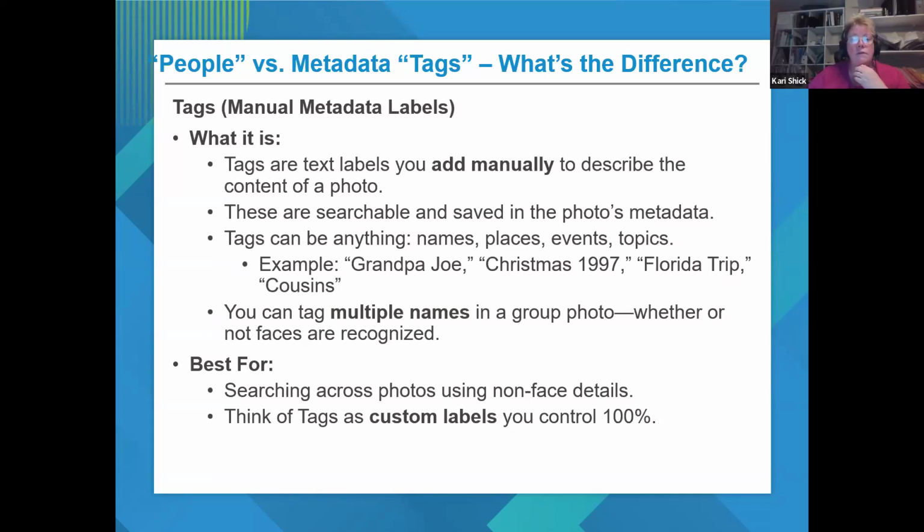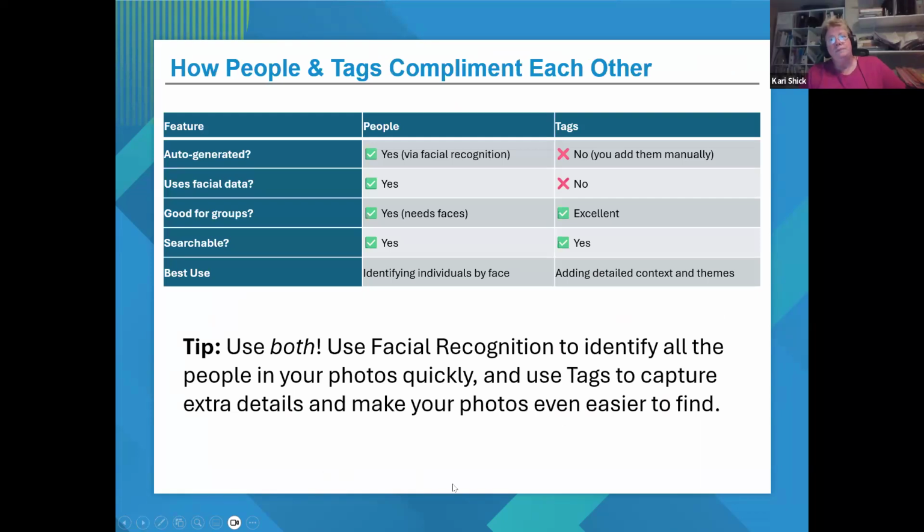Metadata, if you are using a provider who does not strip the metadata from the file as you download it or move it between platforms, can be searched between different platforms. You can still tag names of people in a group photo, whether or not the faces are recognized. So tags are really custom labels that you control 100%, but there's nothing doing any of the heavy lifting for you. So they do complement each other.